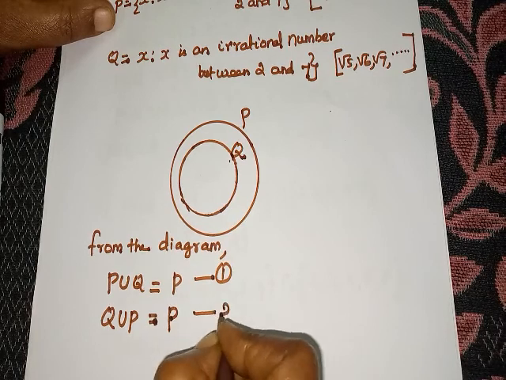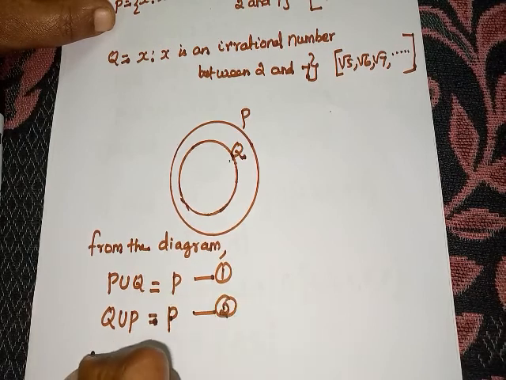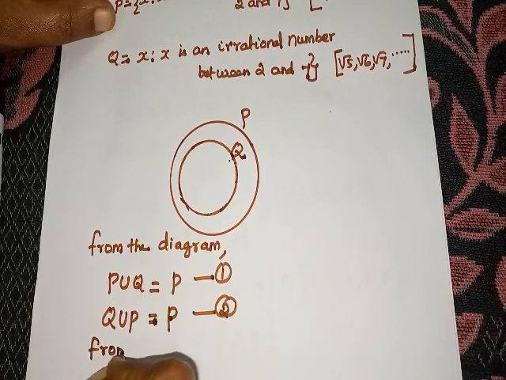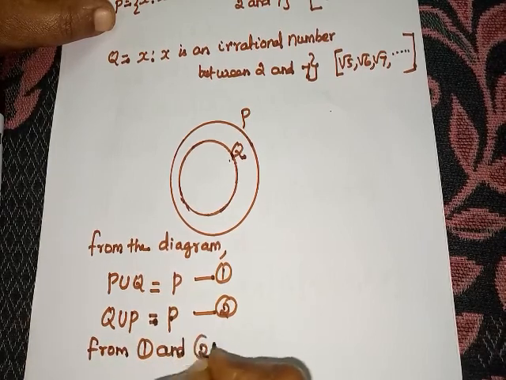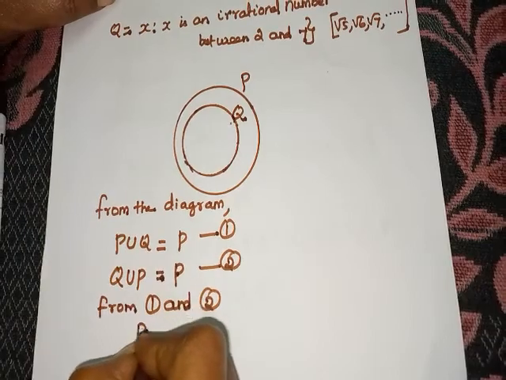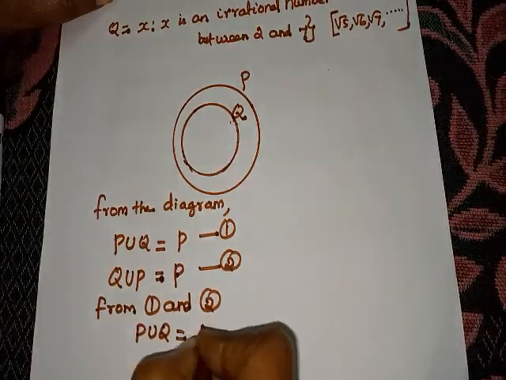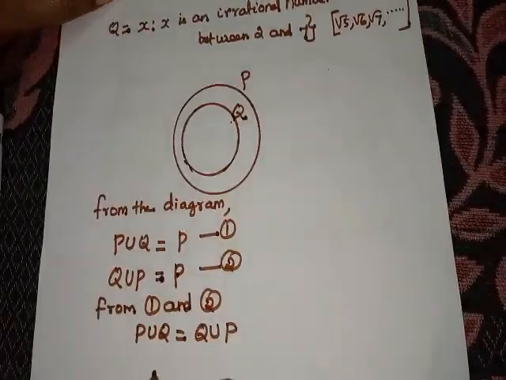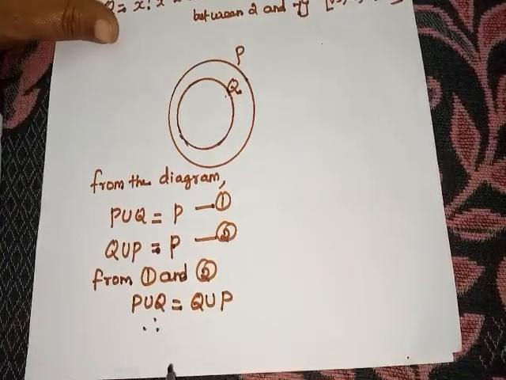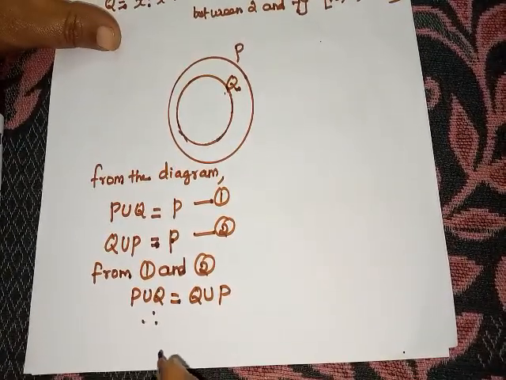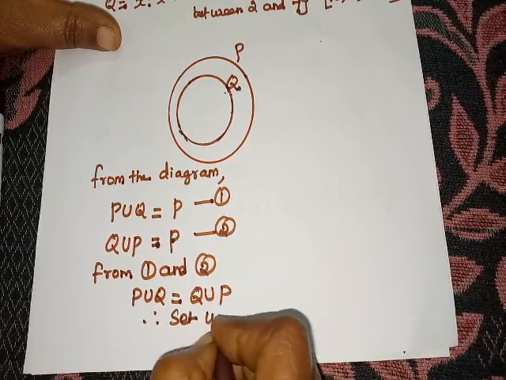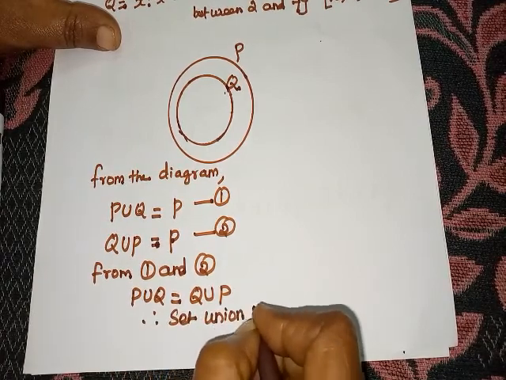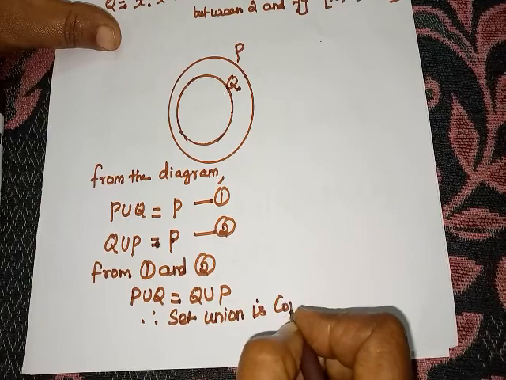That is equation number 2. From equations 1 and 2, P union Q is equal to Q union P. Therefore, set union is commutative.